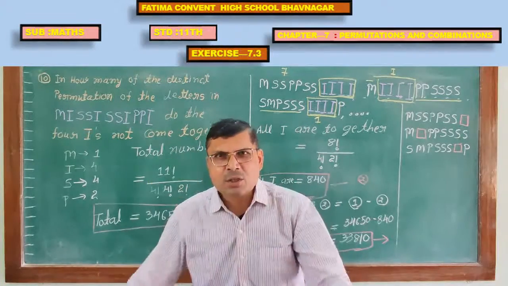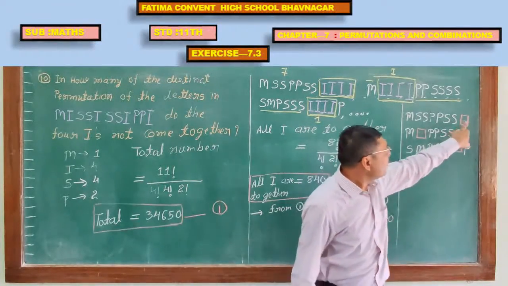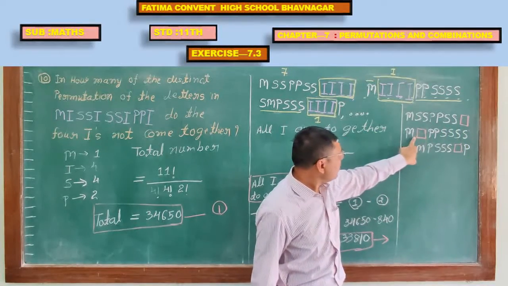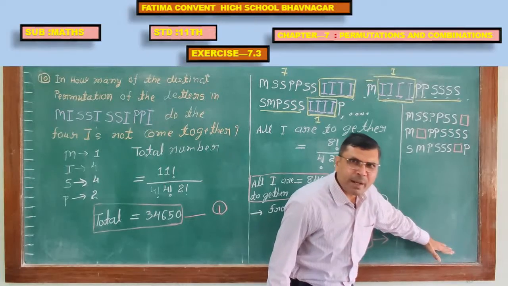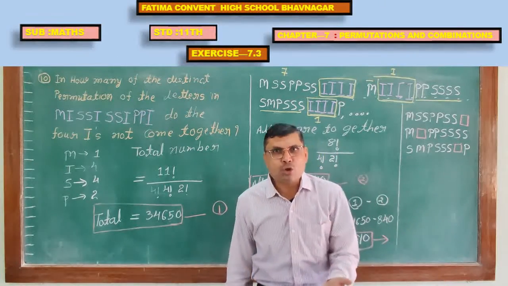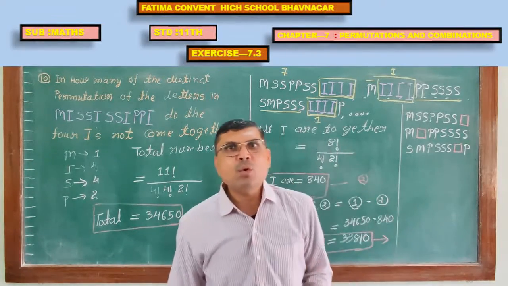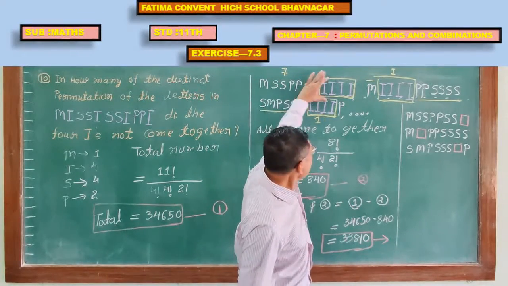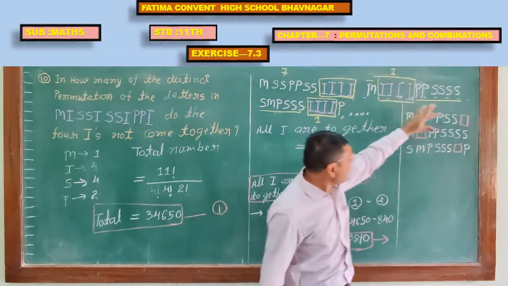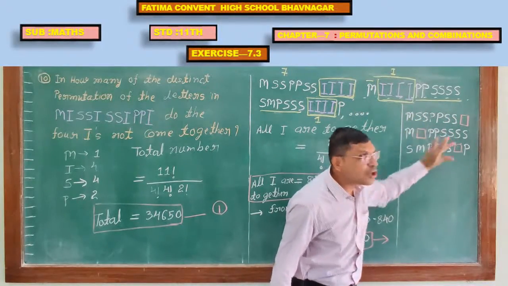That box is always coming together, like this. Here, here, and here. Many are there, but I am not writing all of them, and I cannot, because I may miss a few words. So these 4 I's are coming together and I am putting them in one box.